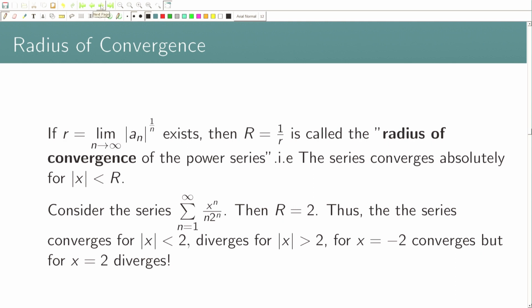If x is equal to minus 2, then the series becomes minus 1 to the power n by n, and we have seen that this series converges. So, if the radius of convergence is R, then for mod x less than R it converges, for mod x greater than R it diverges, and for mod x equal to R we can't say; at some points it may converge and at others it may not. That is the essence of the story.